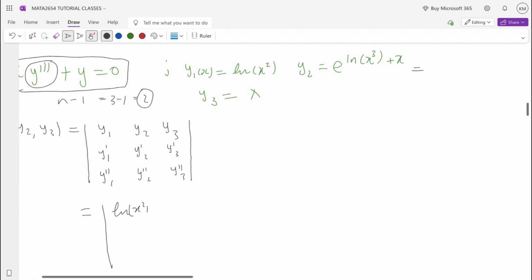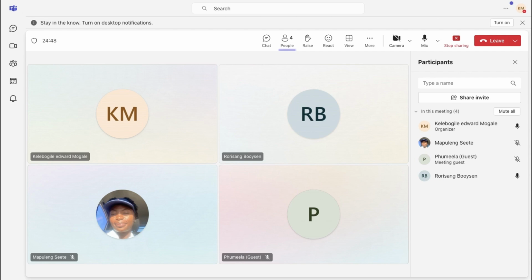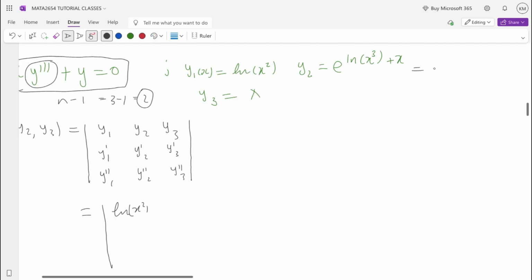It simplifies to x cubed e to the power x. Yeah. Then our y3 is just x.